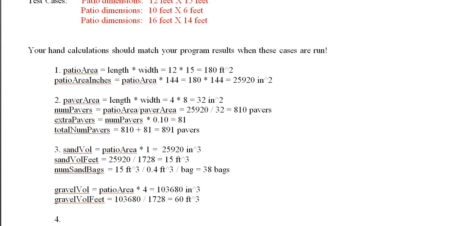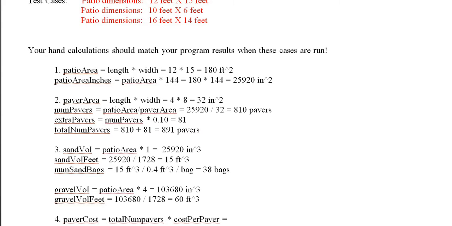So, number 4 on our list of things to do in our test cases is to calculate the cost of patio materials. So let's start with the paver cost. Paver cost is equal to total number of pavers times cost per paver.